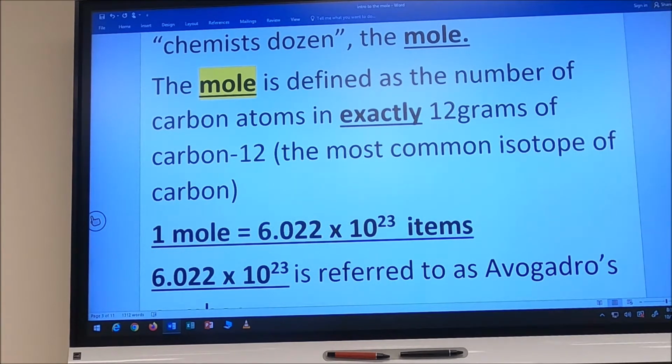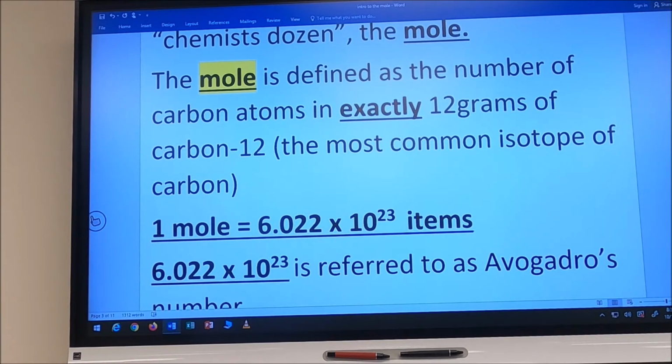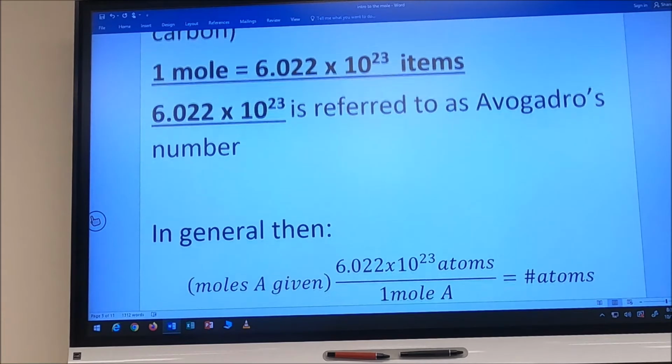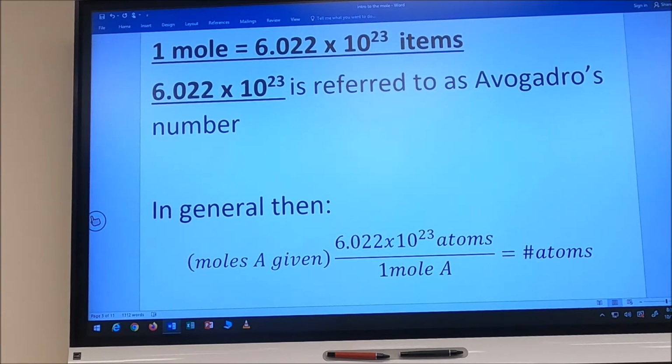Named after a scientist who butted heads with Dalton, and he was right, Dalton was wrong, but Dalton won the argument because of who he was. And we all know that that always falls out in the end. So 1 mole is 6.022 times 10 to the 23 items, Avogadro's number.